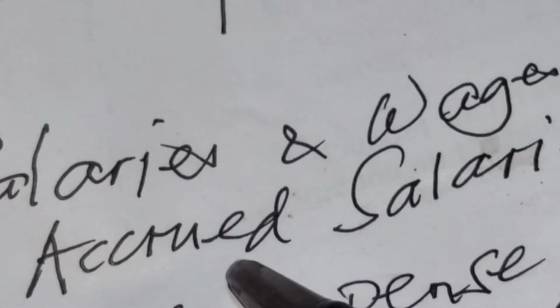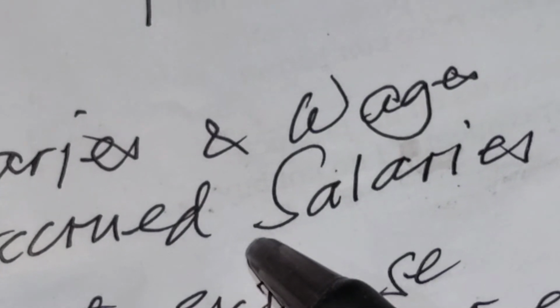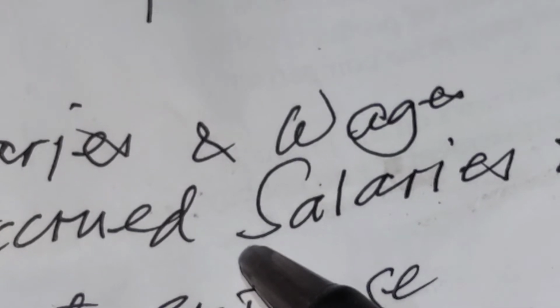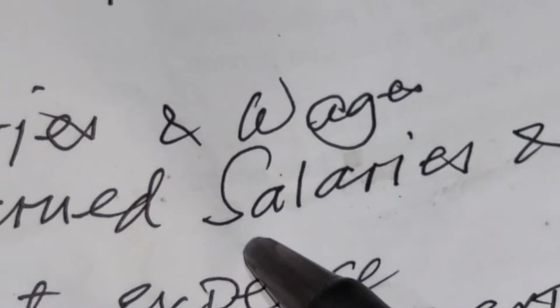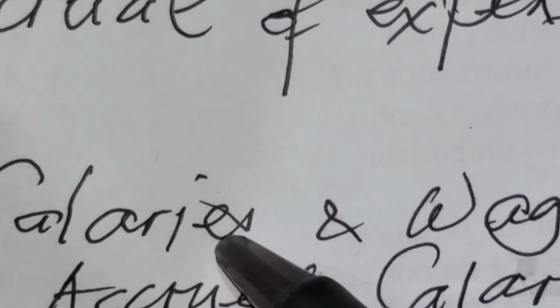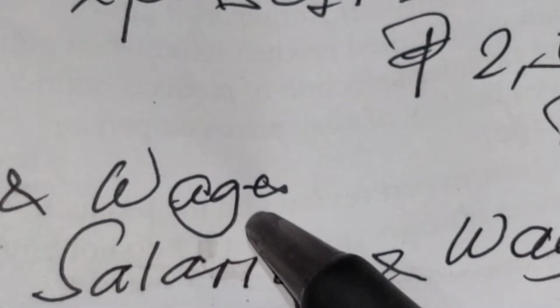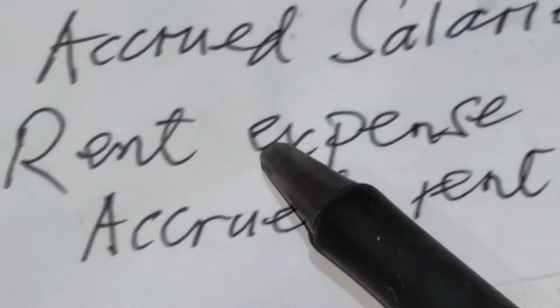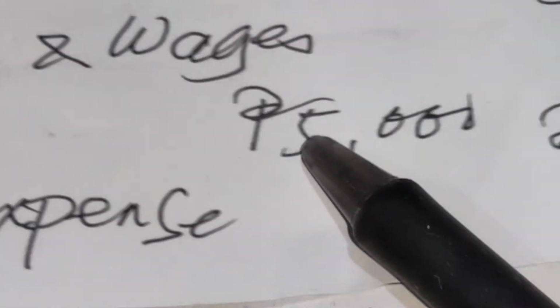Since it is an accrued expense, this can be regarded as a liability. It is a debt you owe because you have not yet paid. And then you credit your accrued salaries and wages, a liability, 2,500. For your rent, you also accrued it: you declare rent expense 5,000 and accrued rent expense 5,000.